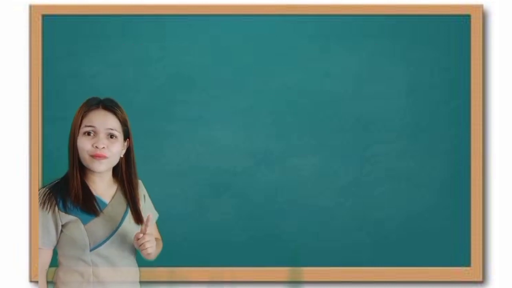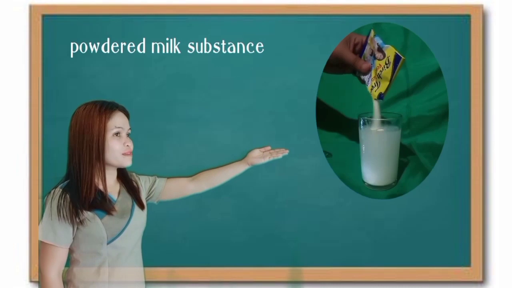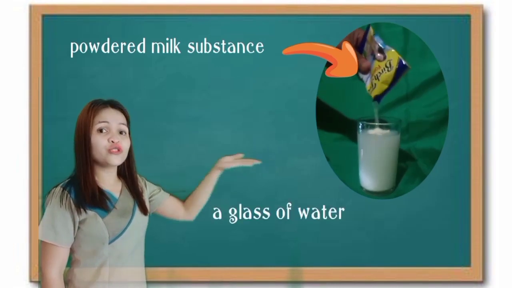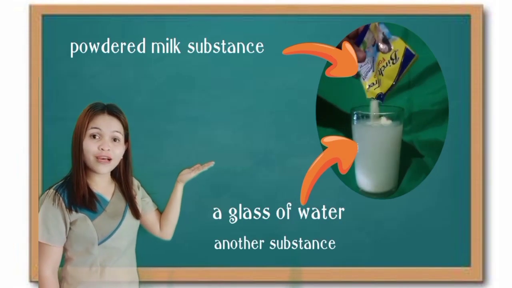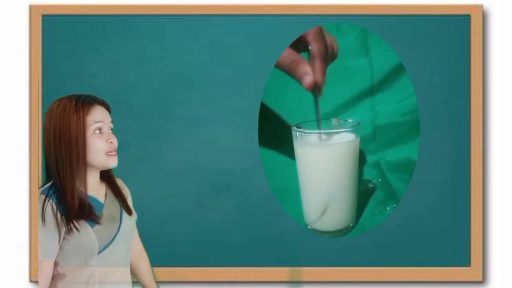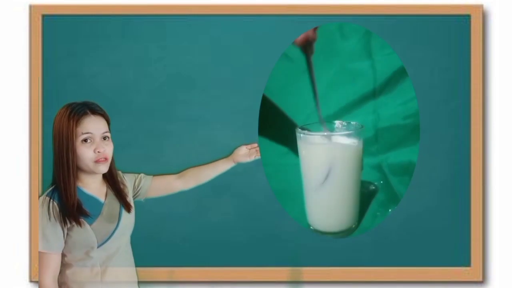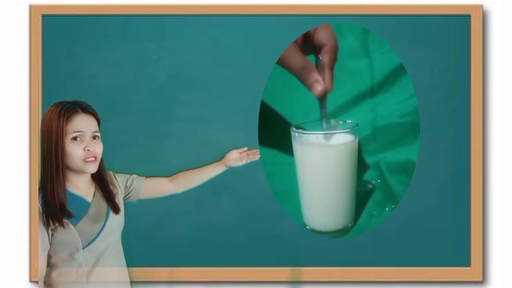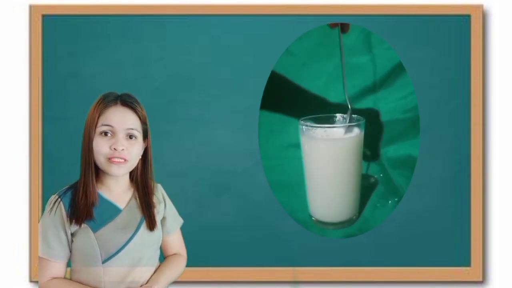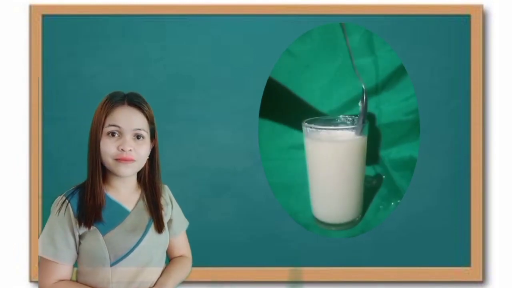For example, in adding powdered milk particles to a glass of water, another substance which is liquid, you can form a cloudy mixture. You clearly observed a mixture of solid particles dispersed in liquid.